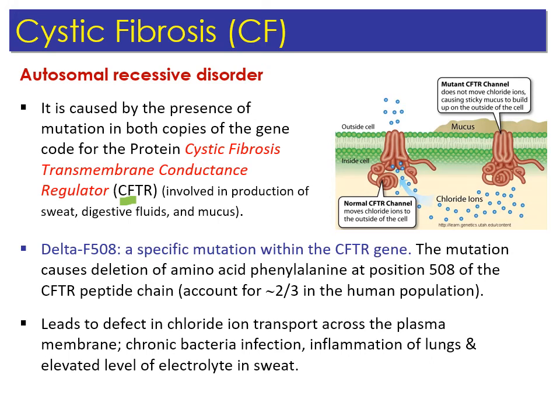When CFTR is not functional, secretions, which are usually thin, instead become thick. This eventually leads to bacterial infection, inflammation of the lungs, and elevated levels of electrolytes in sweat. This condition can be diagnosed by a sweat test and genetic testing.